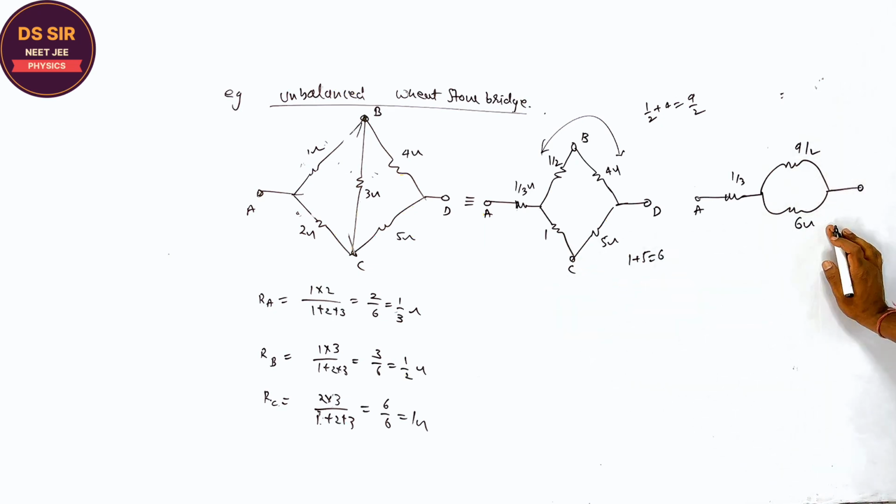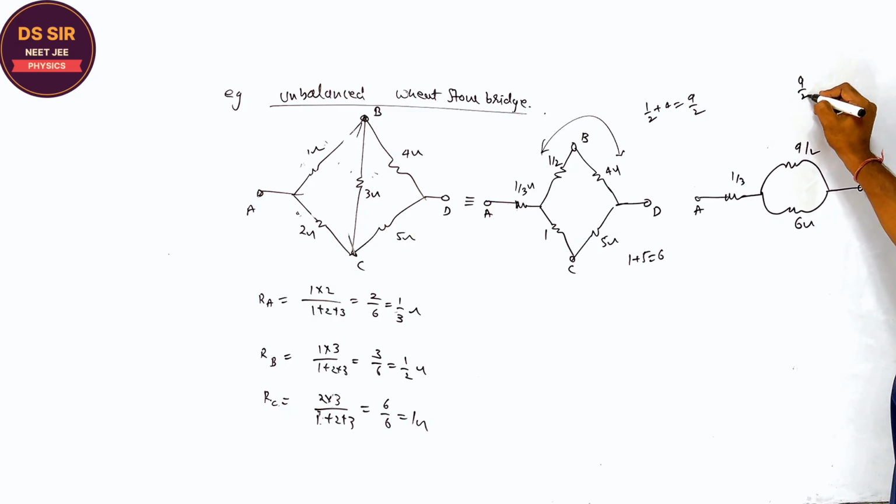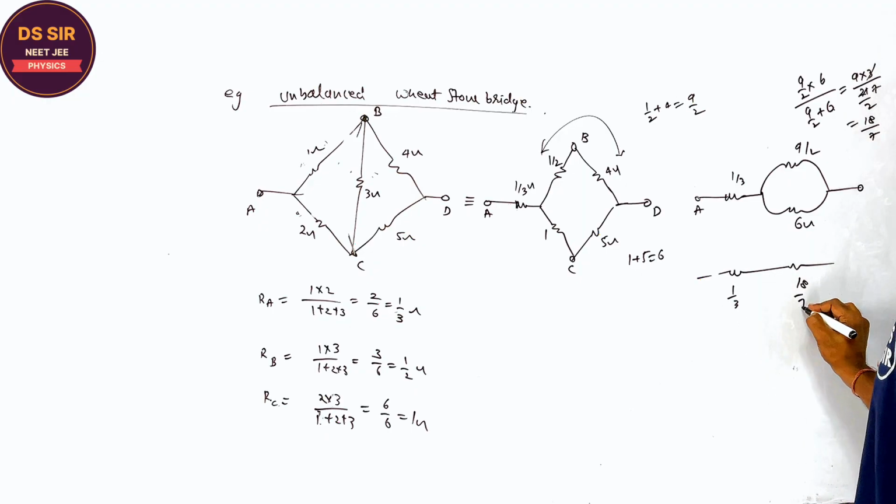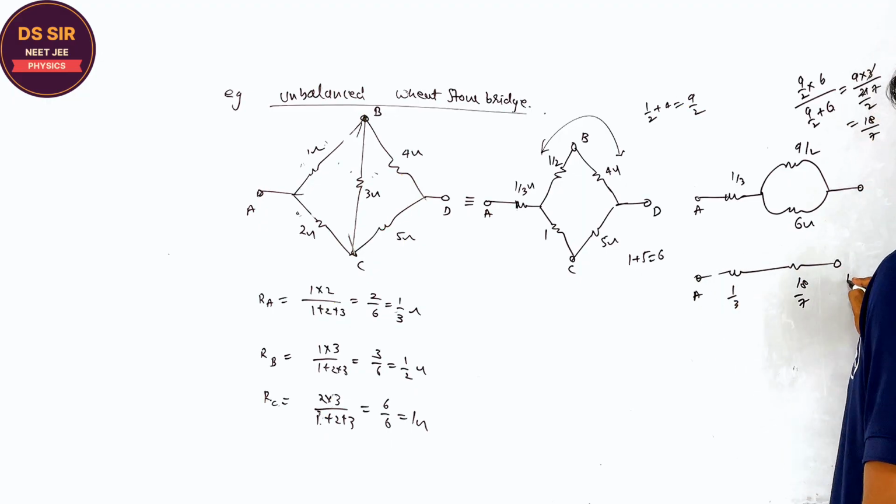Now these two resistances are in parallel, so you have to do product divided by sum. This gives 18 upon 7 ohm. So now this is 1 by 3 and 18 upon 7 between A and B.